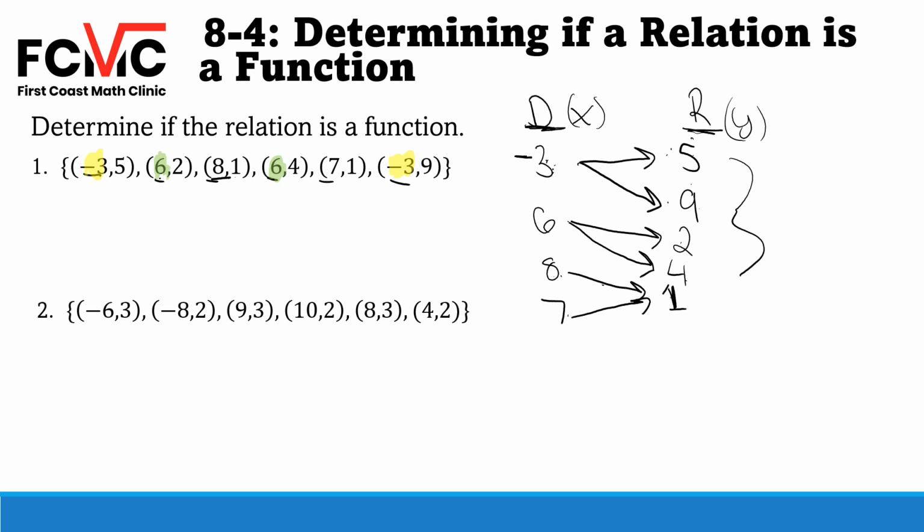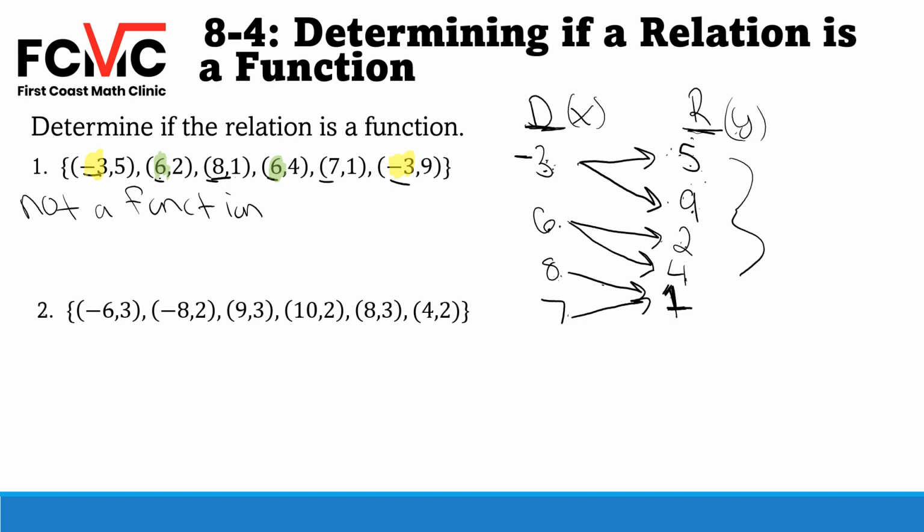No, 8 is only paired with that one. 7 is only paired with that one. Compared to 6, which is paired with two values, 2 and 4, and -3, which is paired with two values, 5 and 9. We only care about what the x's are paired with, not the y's. So because -3 and 6 are paired with multiple values, this is not a function. It's not a function because the -3 is paired with two values and the 6 is paired with two values. Now let's look at number 2.